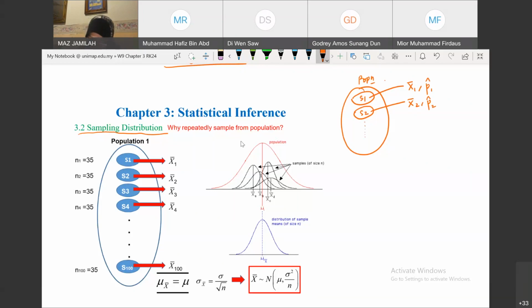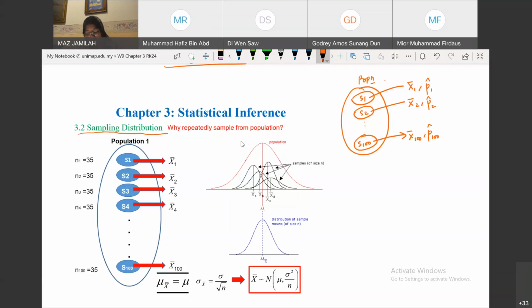From here, I can measure my X bar 100. And if we are investigating the proportion, I can have the proportion of my 100th sample. Now, what happens here when you repeat again and again?